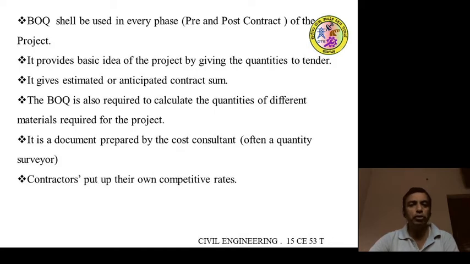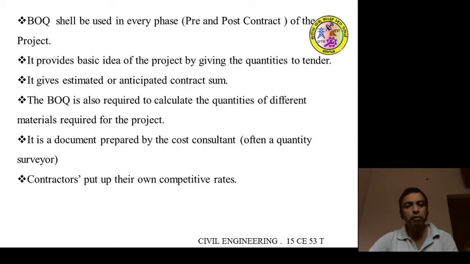The BOQ is also required to calculate the quantities of different materials required for the project. That means it will help to know how much material is required for every day or each stage of construction with the help of the BOQ.